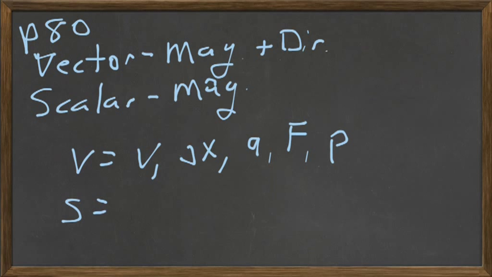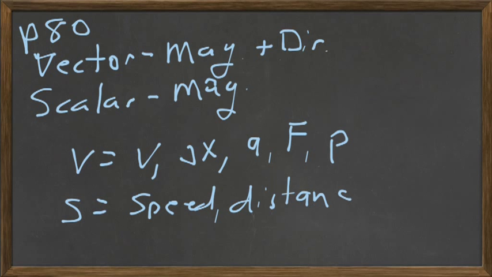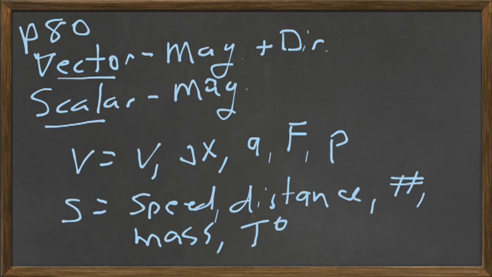Scalars: speed, distance, but also things such as just simply number of dogs, mass, and temperature. So make sure you're very clear on the definitions of each, and you can come up with or recognize some examples of each.